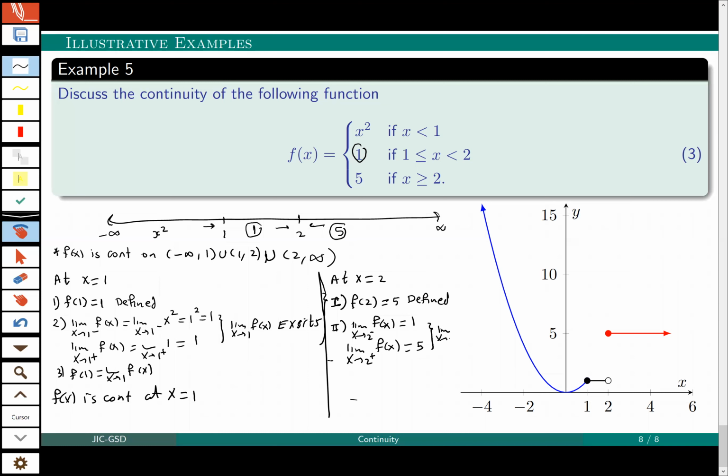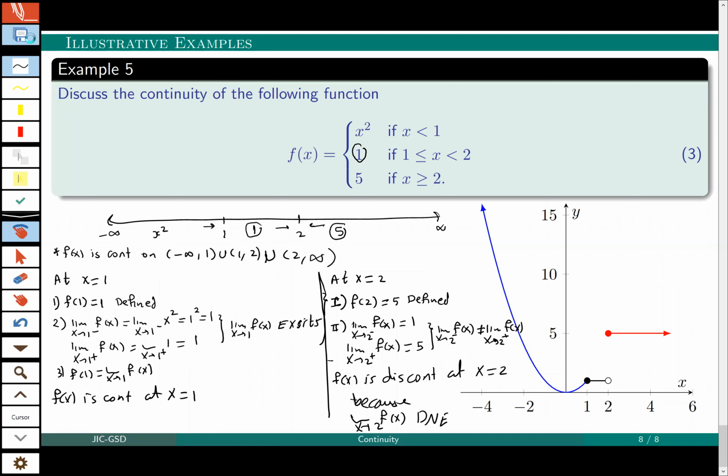Limit when x goes to 2 from left does not equal limit when x goes to 2 from right, which means f of x is discontinuous at x equal to 2 because the limit when x goes to 2 for the function does not exist.